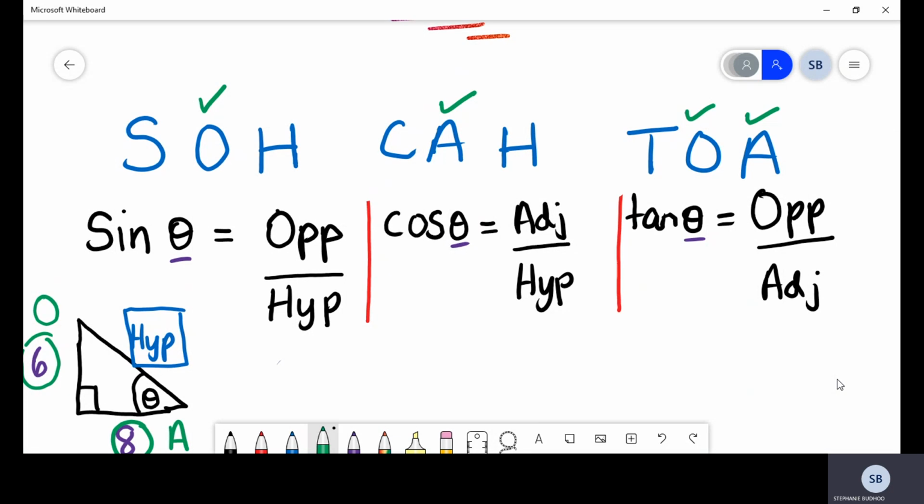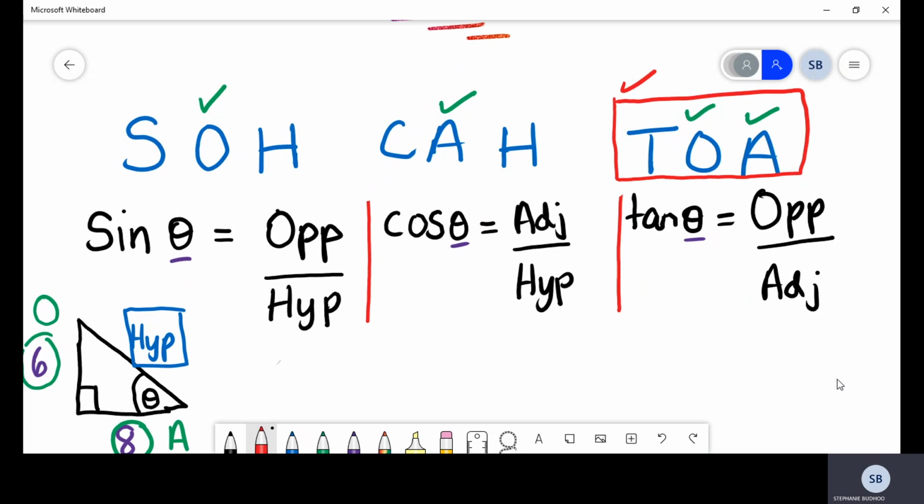Beautiful. So if you notice, 1 out of the 3 of our trig ratios actually has 2 ticks present, and that's TOA. And that's how you figure out which ratio is the correct one to apply for your question.